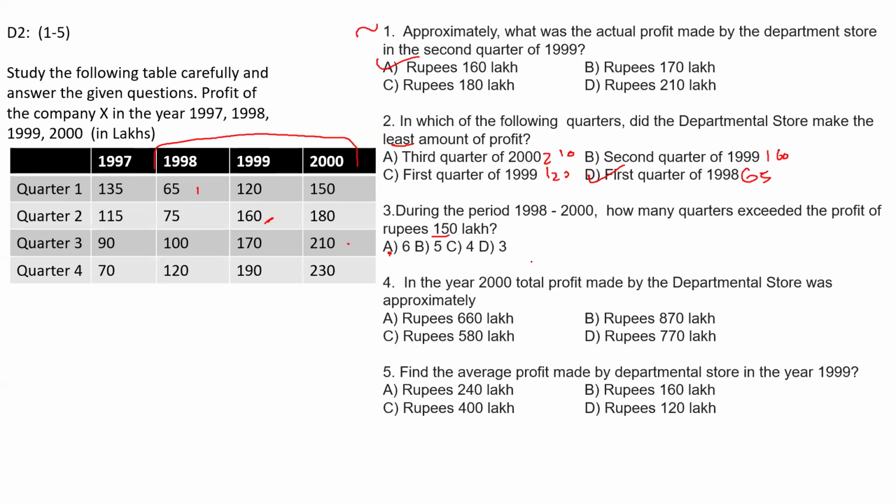First, you just need to check from 1998 to 2000, right? More than 150 they are asking, so 160 is here, in the second quarter of 1999, and next year, the third quarter.